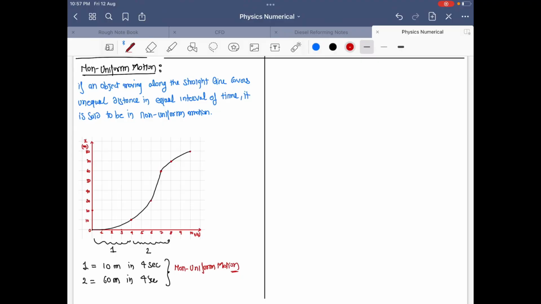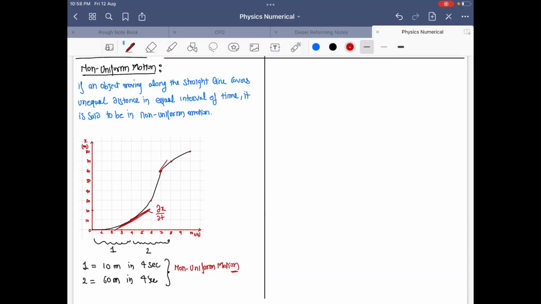And the second method to identify directly whether the motion is uniform or not is to look at the slope. If we take the slope at this point, the slope of this curve is this one. What is the slope? Slope is dx by dt.